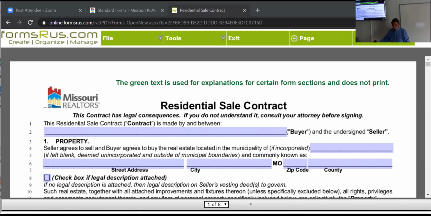Now, it's not unusual for government loans and some conventional loans for the buyer to ask for closing costs or concessions. Here's the deal. There's a whole list on this paragraph 10 of the concessions back on page 6 or 7. However, this is totally directed by the lender.